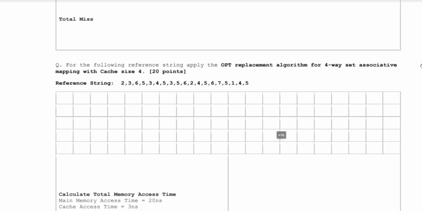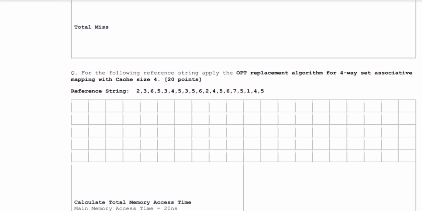For the following reference string, apply the OPT replacement algorithm. Okay, so this is four-way set associative with cache size 4. So this is just fully associative all the way, right? Because the cache size is 4.